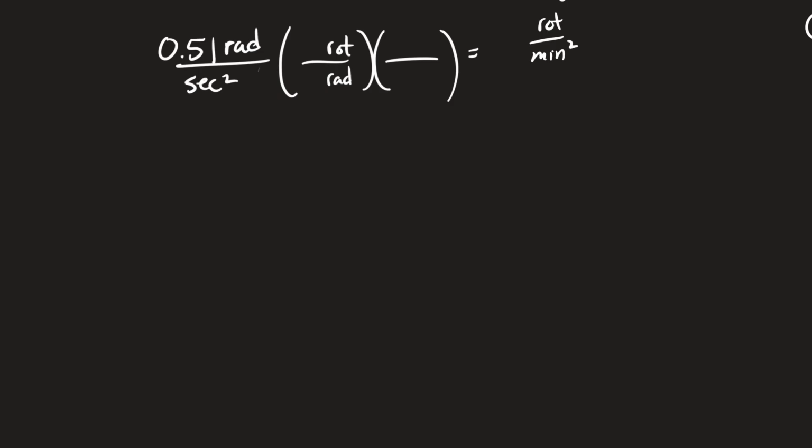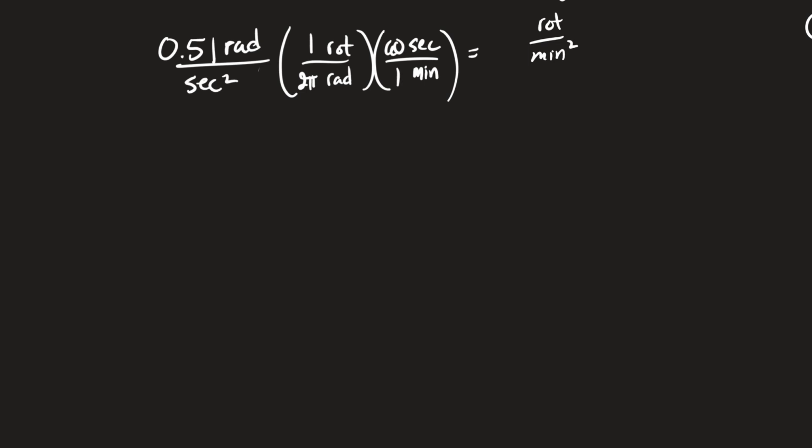Then write in your conversion fact. 1 rotation is 2 pi radians. I have seconds. It's on the bottom, so I'm going to put seconds on the top. I want to be left in minutes. I'll put minutes on the bottom. I'm going to write in my conversion fact. For every 1 minute, there's 60 seconds.